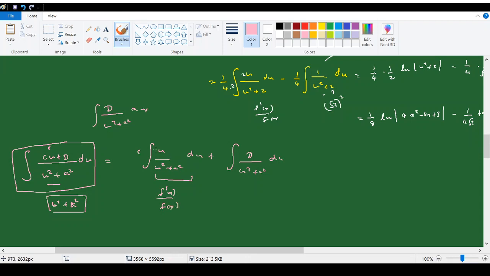The only thing is that you have to multiply it by 2 and divide it by 2. And for this one we can use that tan inverse formula for the integral of this portion. So it's a general result that we can adopt when we are doing the integrals.